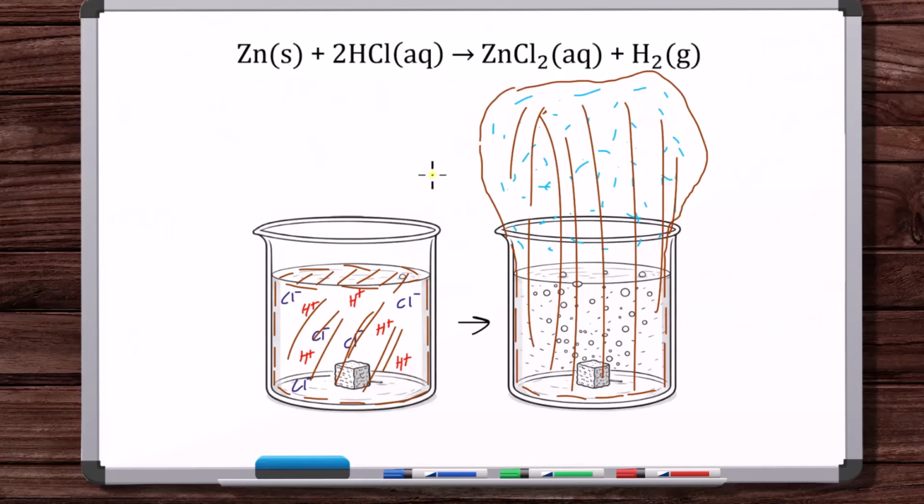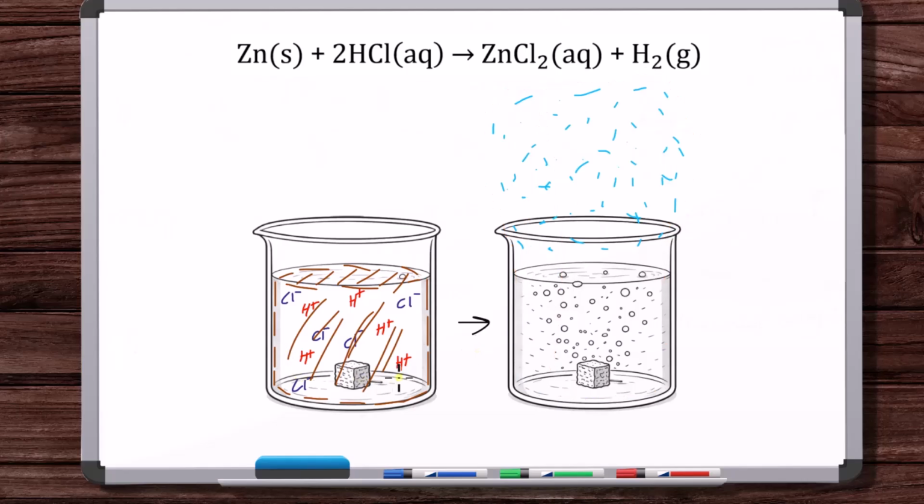Okay, but now thinking about how we can define a system to be absolutely whatever we want, let's think about, what if we defined the system to where it contains only the solution? The system strictly encloses the solution in the beaker, so the inner walls of the container and the surface of the liquid. So the system is constrained.